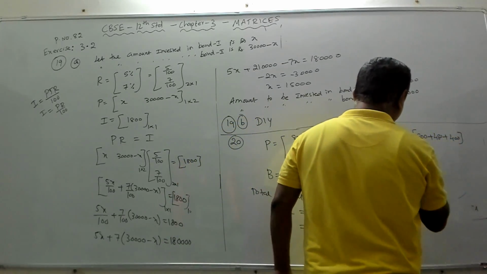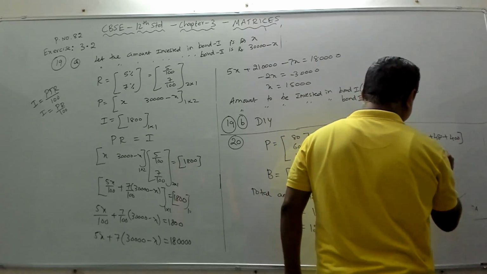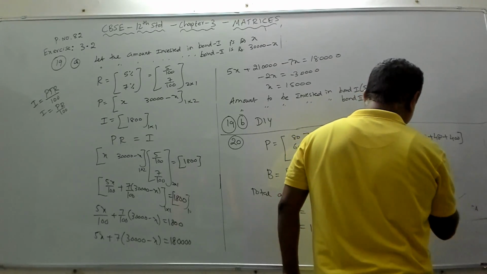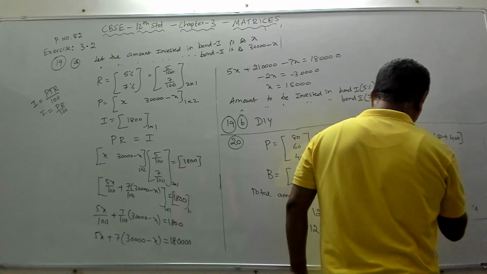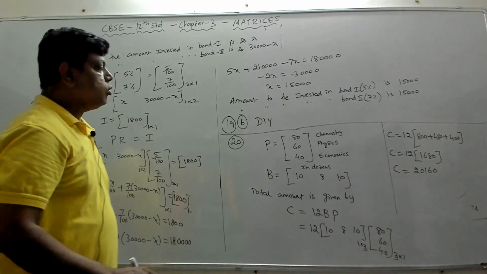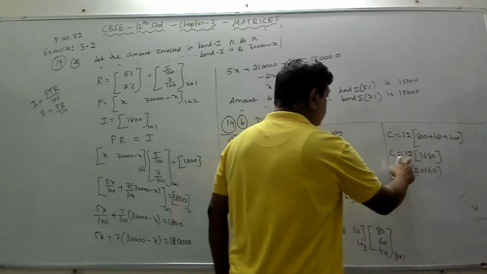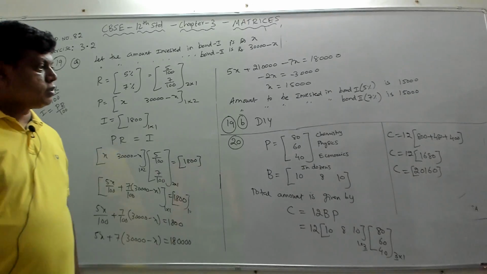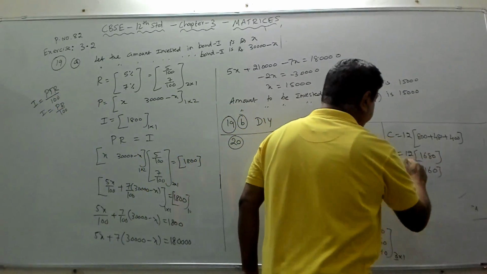So that will be equal to 12 into, your C is 800 plus 480 plus 400, that is 1680. Since it's a matrix, we'll put the box here. 12 should be multiplied with 1680. If you multiply 12 into 1680, you'll get 20160.